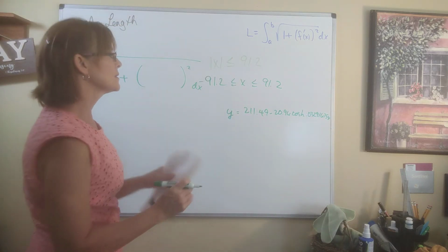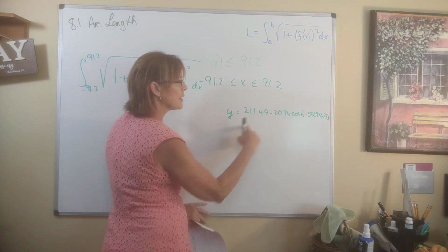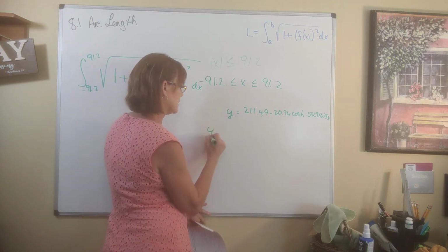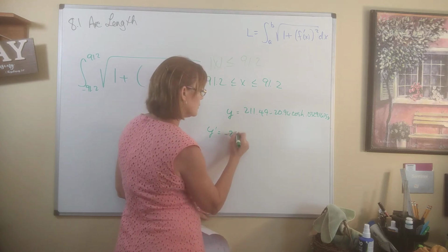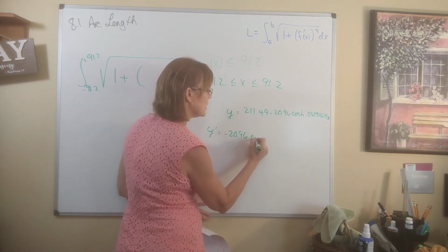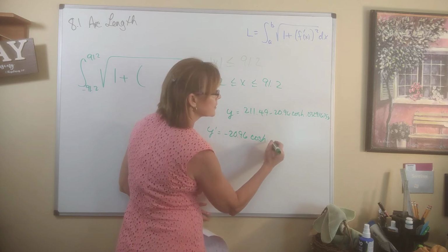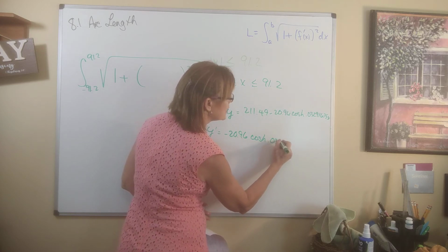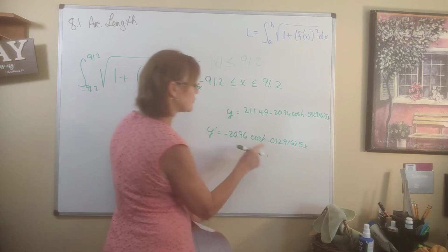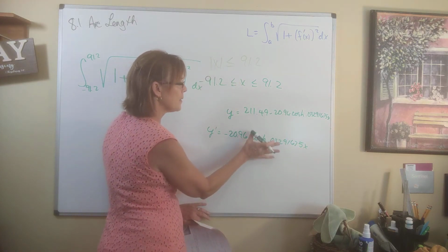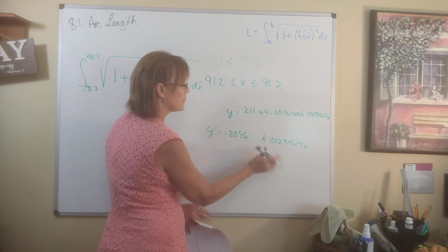So I have to take this guy's derivative. The derivative of 211.49 is 0, so that's nice. And then we have minus this constant in front, minus 20.96 hyperbolic cosine of 0.03291675x. Oh, wait. The derivative of hyperbolic cosine is positive hyperbolic sine.